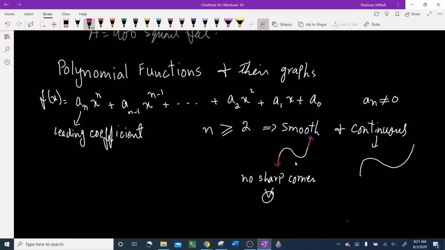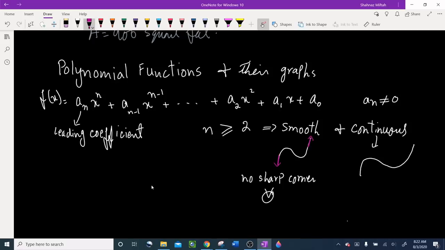The graph of polynomial function may have intervals where it increases or decreases. The graph will eventually rise or fall without bound as it moves far to the left or far to the right. The sign of this leading coefficient, like an, and the degree n of the polynomial function will tell us how the end behavior goes, and I'll give you all of that stuff.